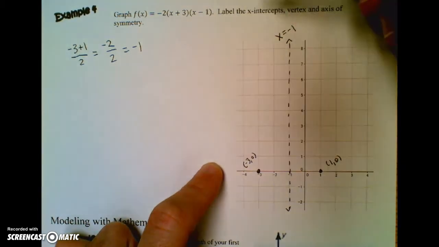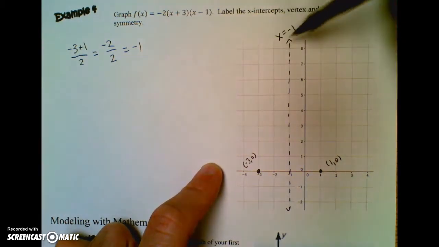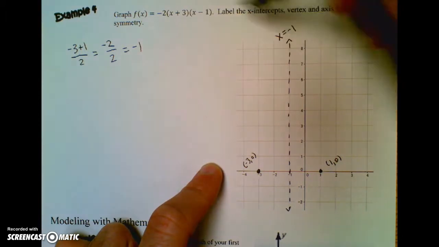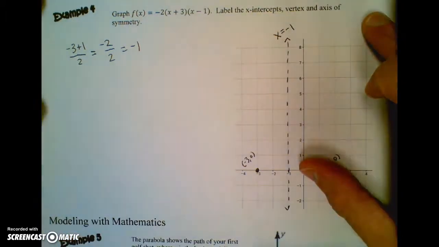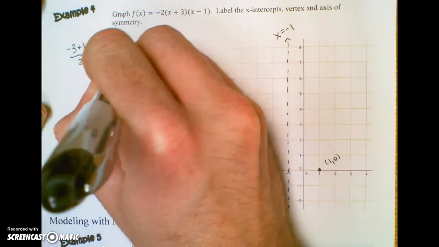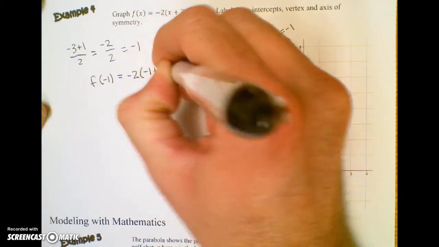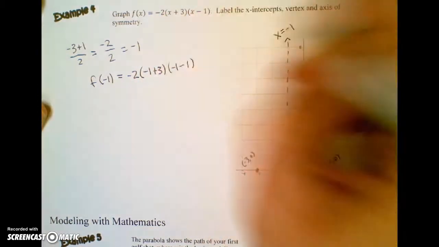To find the vertex, we do the same idea that we've done before. We take our axis of symmetry value, the x equals, and plug it in and solve for the f of x. So f of -1 equals -2 times -1 plus 3 times -1 minus 1.